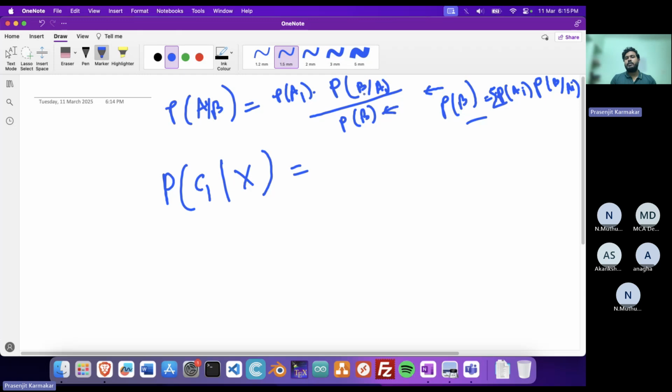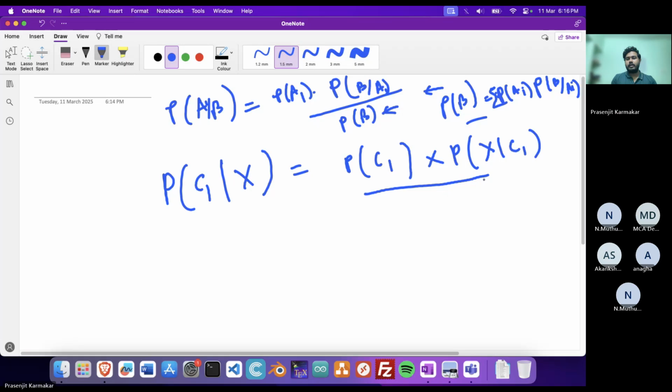And then P of B given A, if I represent it with C and X, will be more clear. Similarly, we can write the same equation as P of C1 times P of X given C1, divided by P of X. How do we name them?